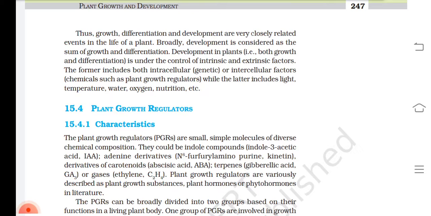15.4 Plant growth regulators. 15.4.1 Characteristics. The plant growth regulators, PGRs, are small, simple molecules of diverse chemical composition.